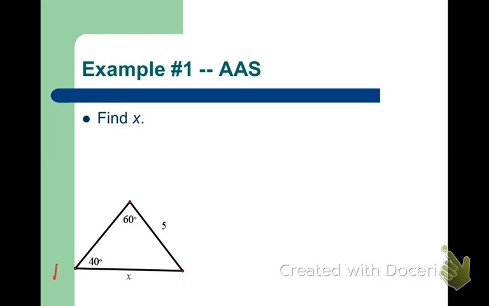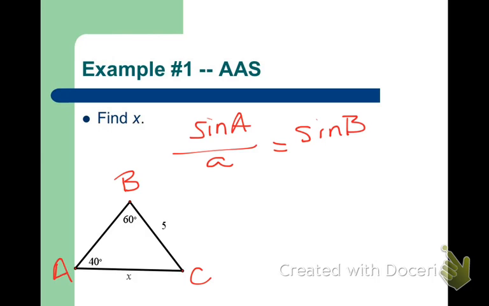To help us out, I'm going to label the three sides A, B, and C. And originally there are three ratios in the law of sines. I only need two, because I only need one ratio where I know both pieces of information, like the sine of A over A, and then I need another one where I know one piece of information and not the other. So this is my unknown right here.